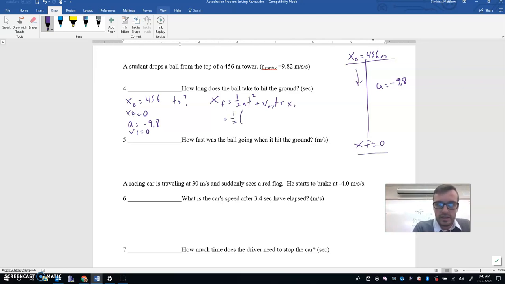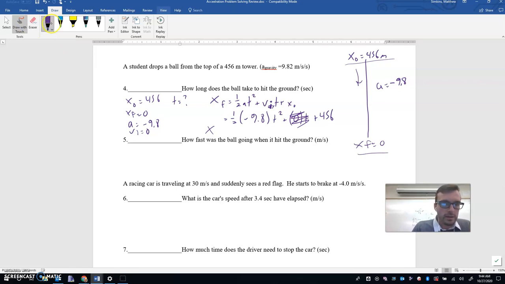We got 1/2 times negative 9.8 T squared plus, here's where it gets convenient, our VI here is 0. And what's 0 times T? Well, 0, of course. So this goes away. And what we find is X final, we can plug that in. Oh, sorry, x initial is not 0 in this case. X initial is what we set it as, 456.